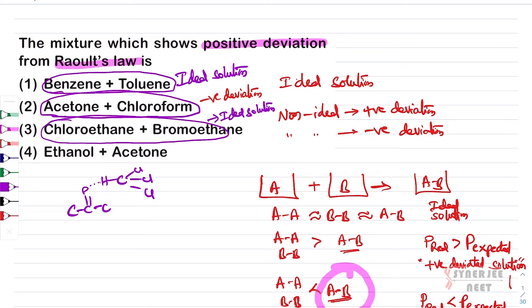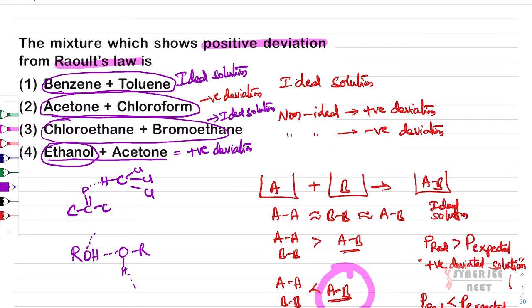All these are there in your NCERT textbook. Ethanol and acetone comes under the example of positive deviation. Because originally, between alcohols there is good hydrogen bonding, where not only oxygen but hydrogen also participates in the hydrogen bonding.